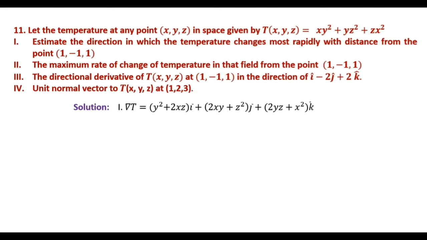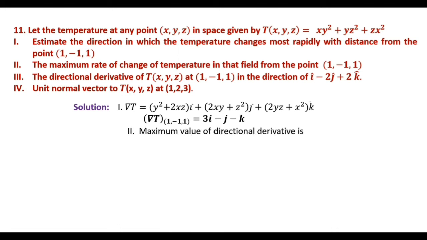So the vector differential operator is operated on that temperature function, which gives us this vector point function in terms of x, y, z. Del T at the point P, wherever you have x replaced with 1, y replaced with minus 1, z replaced with 1, you get this vector.